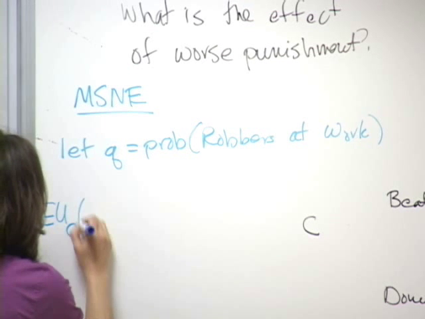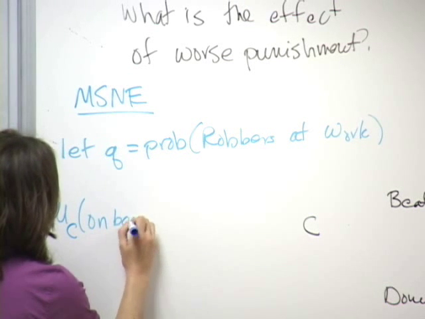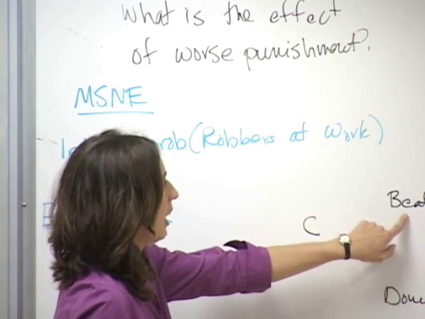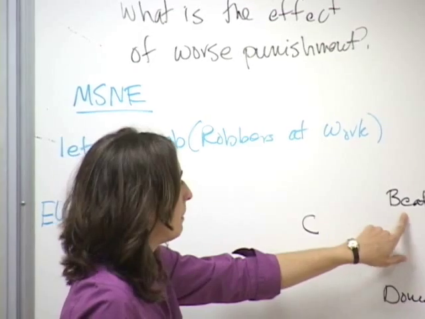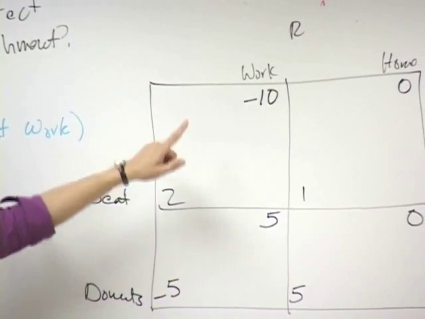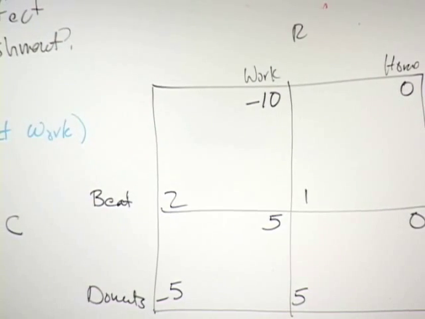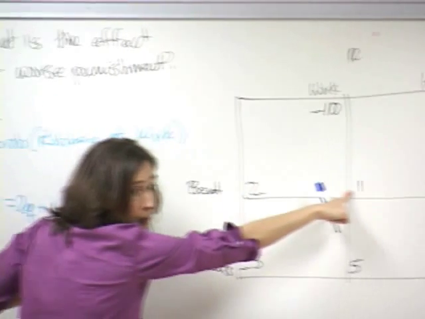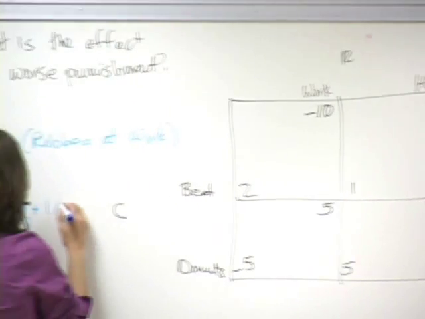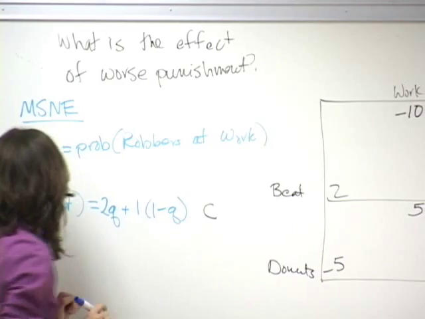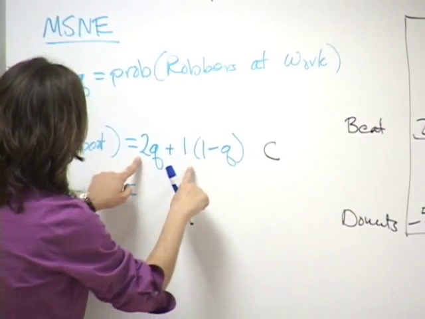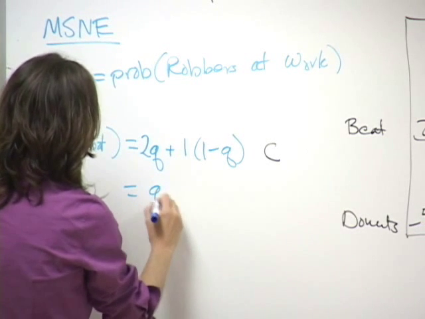The expected utility of the cops of being on the beat is, if I'm the cops and I'm on the beat, my expected payoff is 2, the payoff I get when the robbers are at work, times the probability the robbers are at work, plus 1, the payoff I get when the robbers are at home and I'm on the beat, times that probability. Okay, cleaning this up as I did before, 2Q minus Q, it looks like Q plus 1.